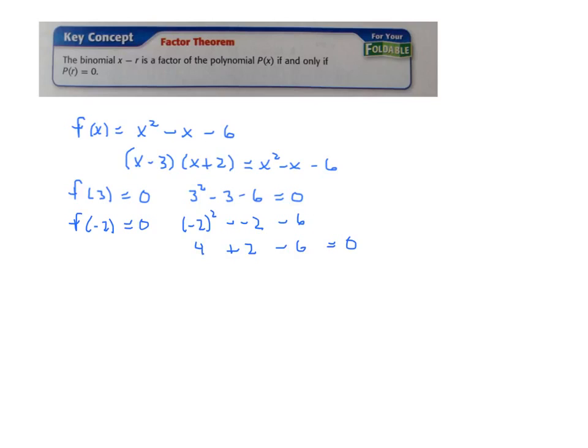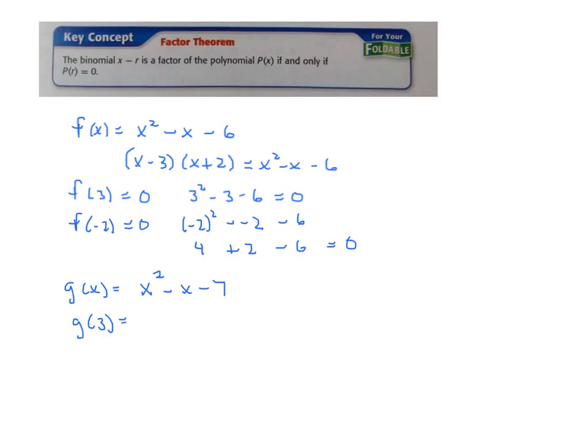Now, let's look at what if it had been x squared minus x minus 7. What if that was g of x? What should I get if I put in g of 3? I should have a remainder, right?